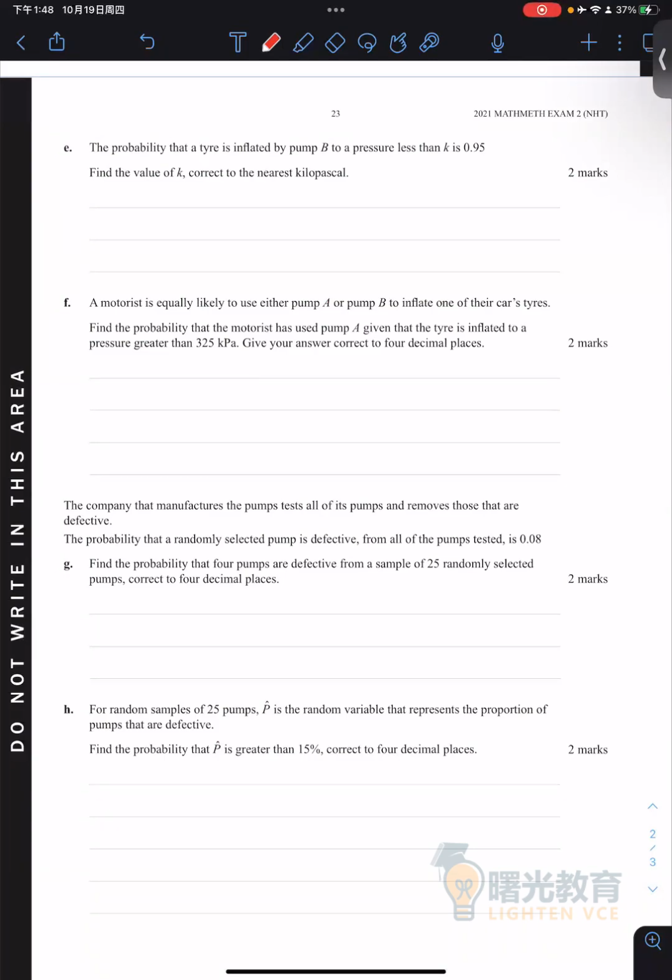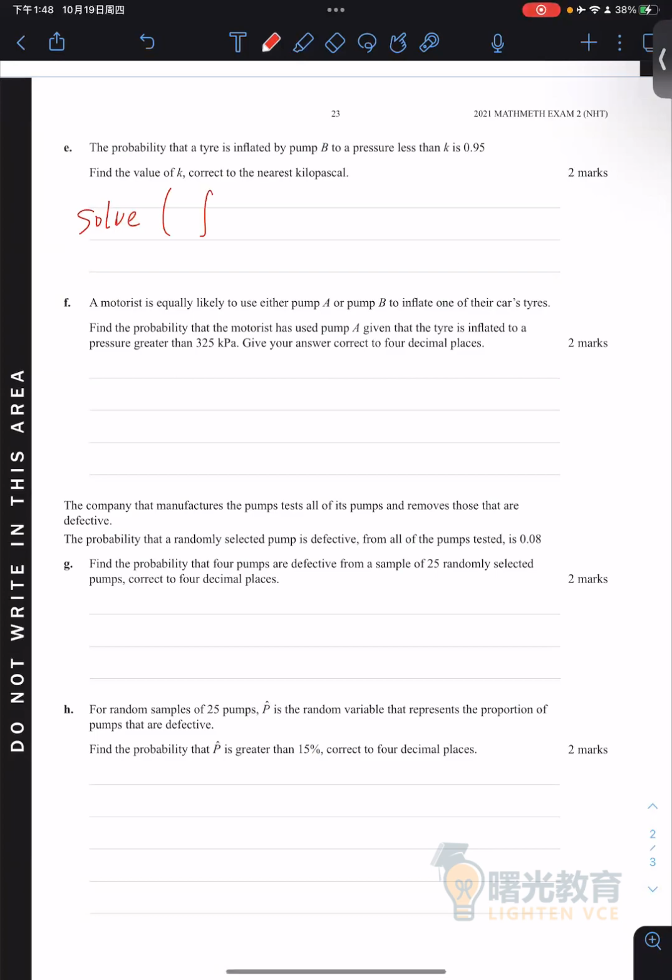Okay, we are now looking for a specific value in between the domain from 310 to 330. And between 310 to this amount, this value K, the probability is 0.95. So you have to solve it. Either way, you can work it out by hand or solve.